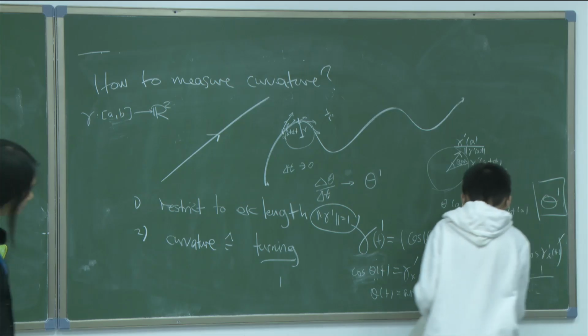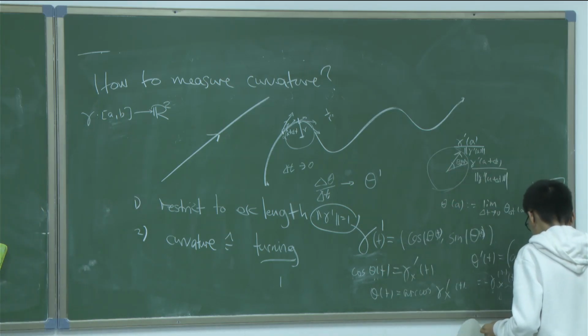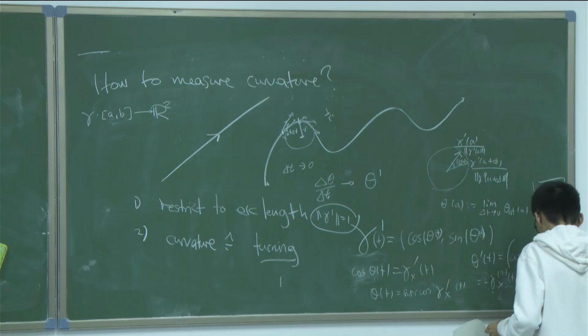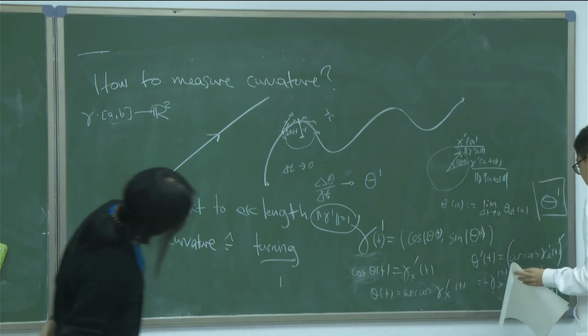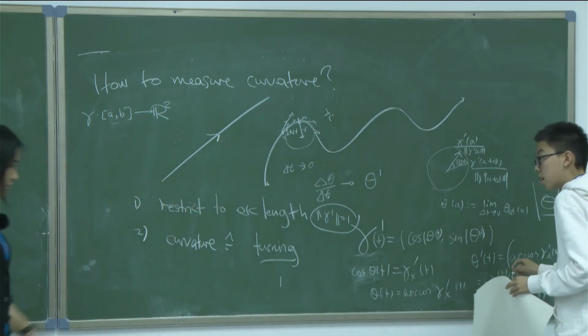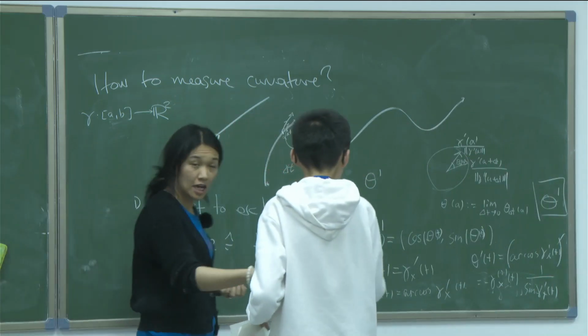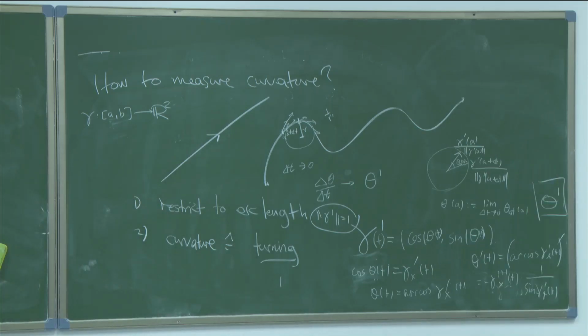What is this here? The second derivative? Yes, you can do it that way. Basically what it says is that the curvature is related to the second derivative.